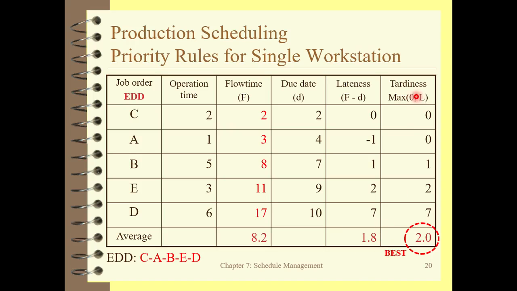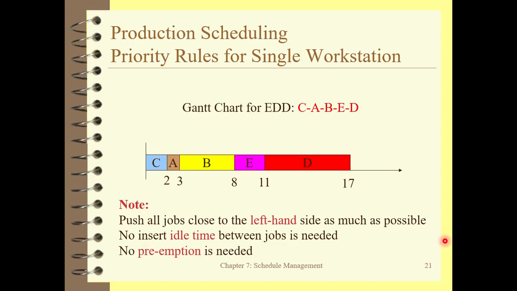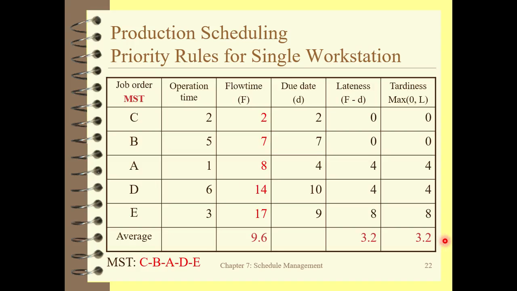And for tardiness: 0, 0, minus 1 reset to 0, 1, 1, 2, 2, 7, 7, and then average these numbers, and you got 2.0. Moving on to the next one, that is the MST.